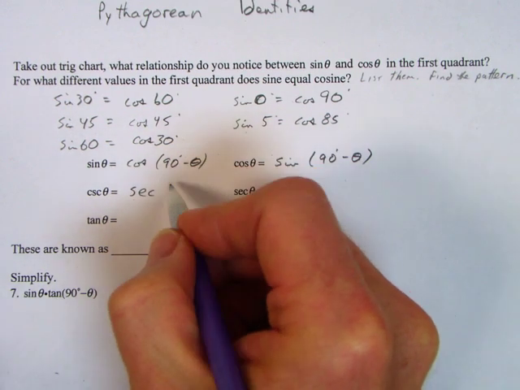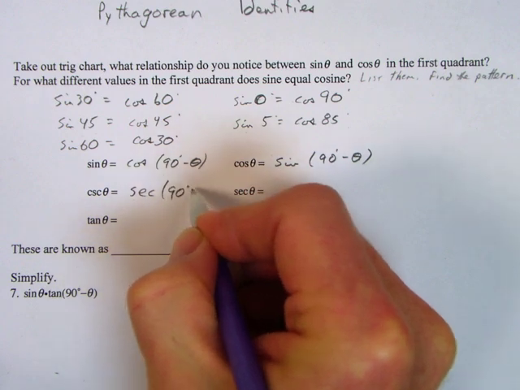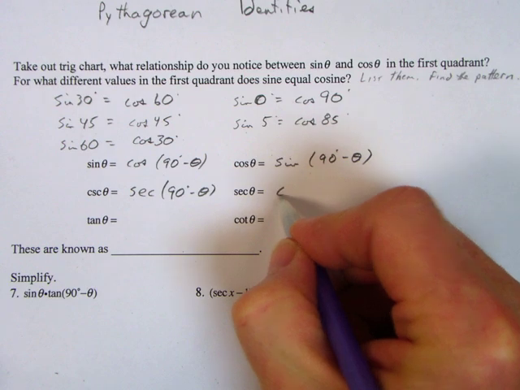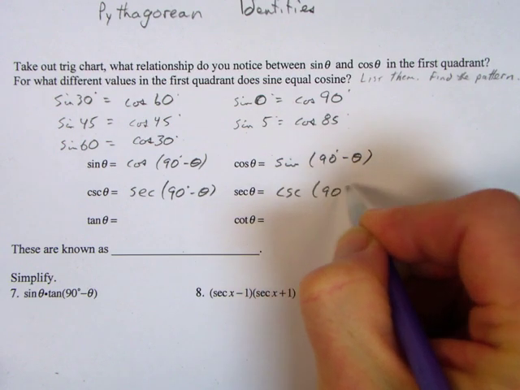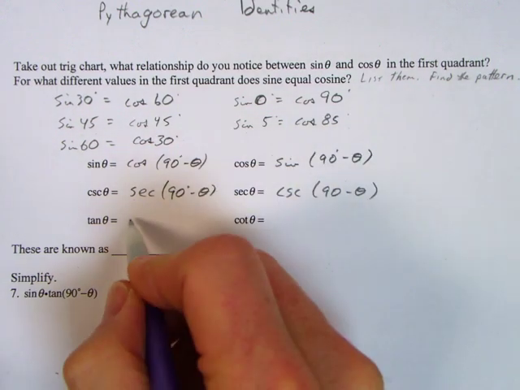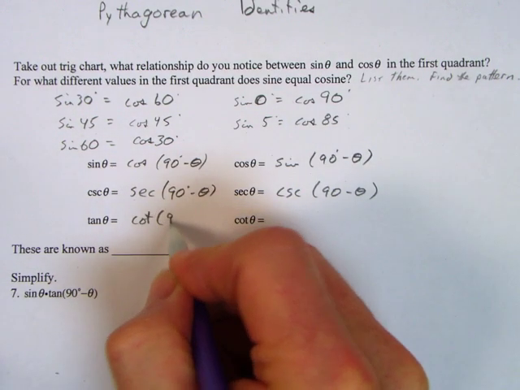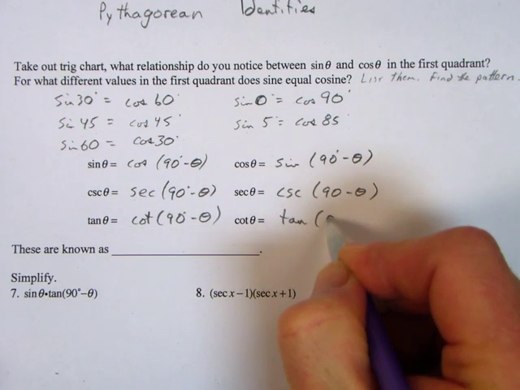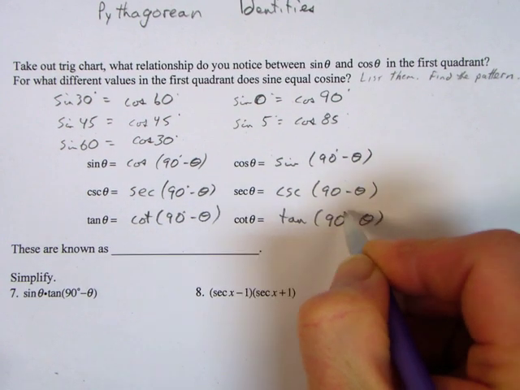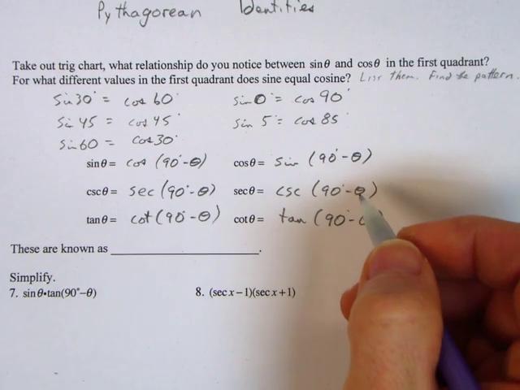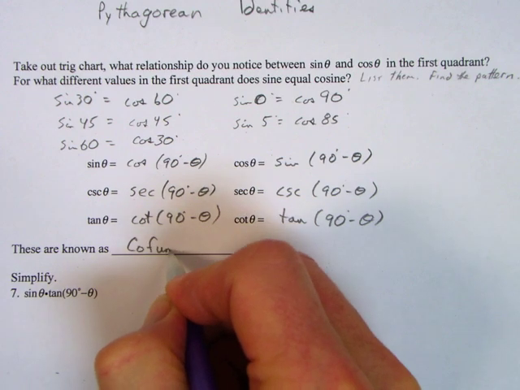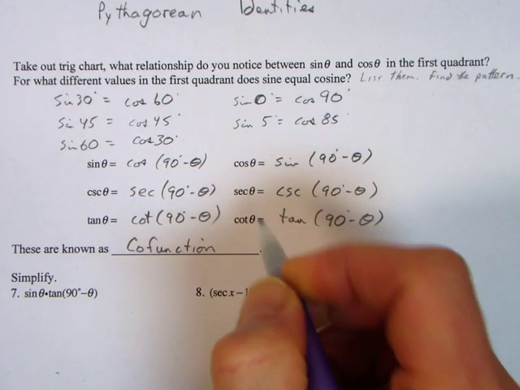And so what happens here is they all will apply in the same way. And this is cosecant of 90 minus theta, and then tangent would be the cotangent of 90 minus theta, and cotangent would equal tangent of 90 minus theta. Now, these are known as co-function relationships.